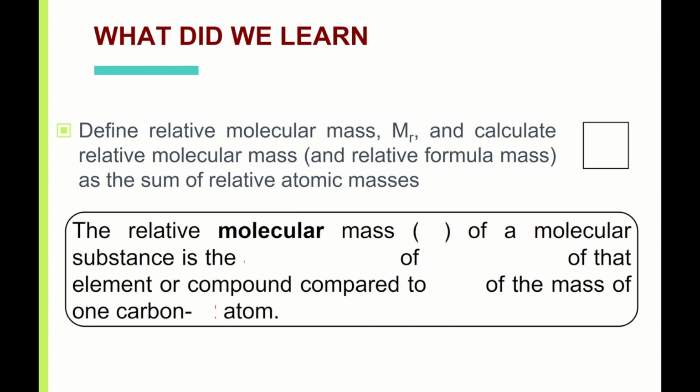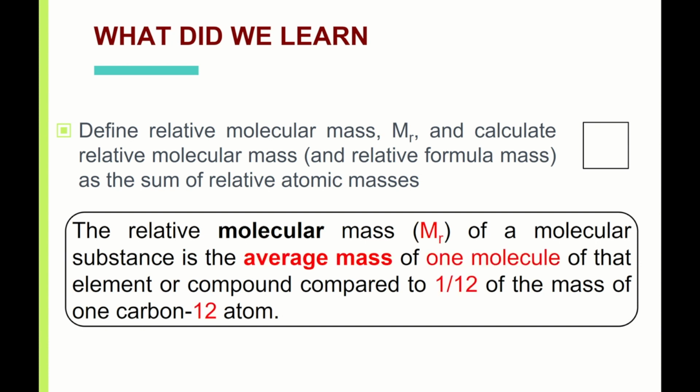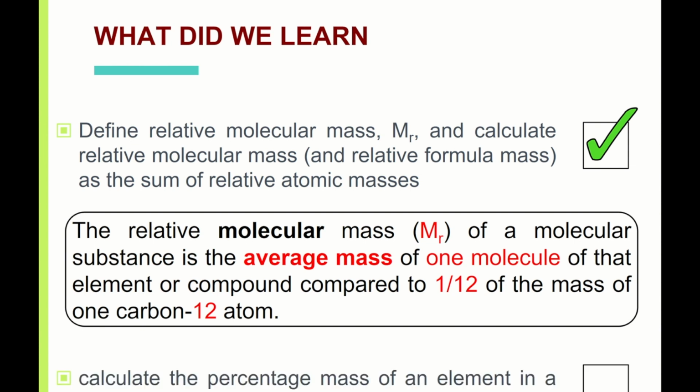The next one, Mr, is for molecules or ionic compounds. Try to recall this definition without looking at your notes. In the O level, when they say define Ar, define Mr, these are your learning objectives. You're required to know the definition. Of course, when you're learning something, always seek to understand and not memorize blindly.